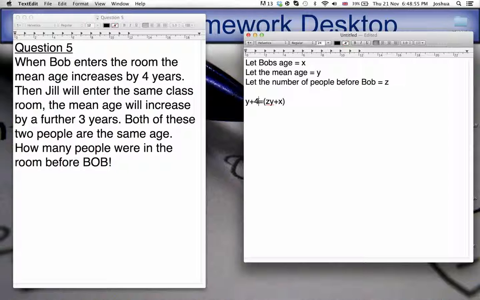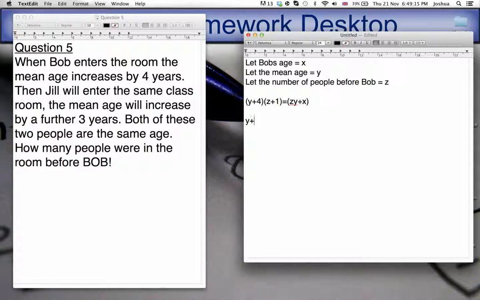So I'm going to just times this side by Z plus 1. We can cancel this down further later. We'll just leave it like this for the time being. That is what happens. And then we know what happens when they both join?